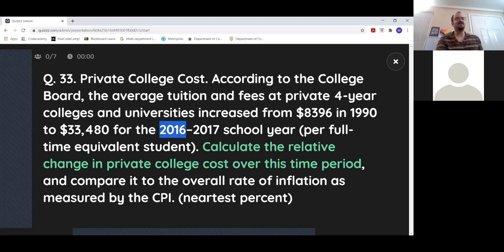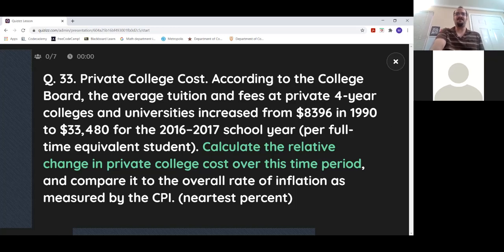They don't have 2017 CPI, so we're going to use 2016. That's the next part of this problem, though. In this problem, we are going from $83.96 to $33,480, and they want to know the relative change in the private college cost over that time period, and then we're going to compare it to the CPI.